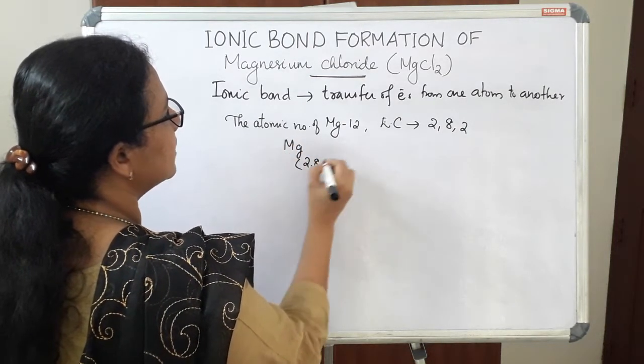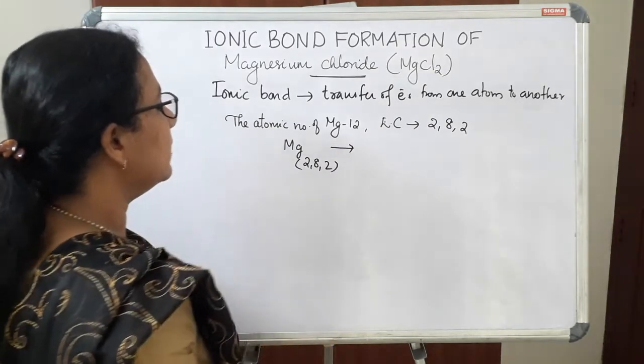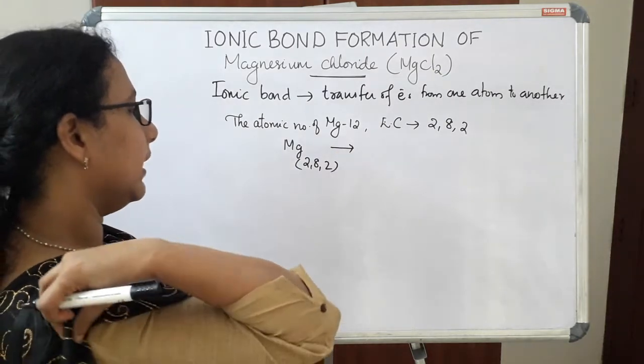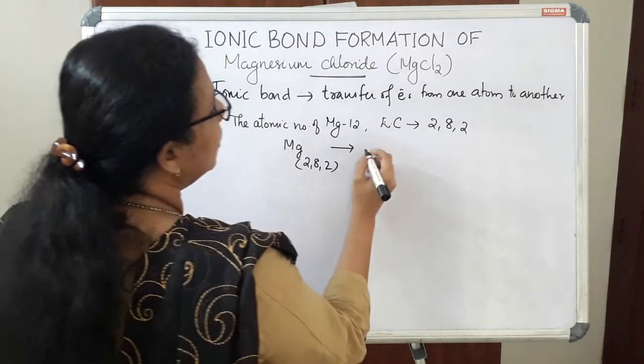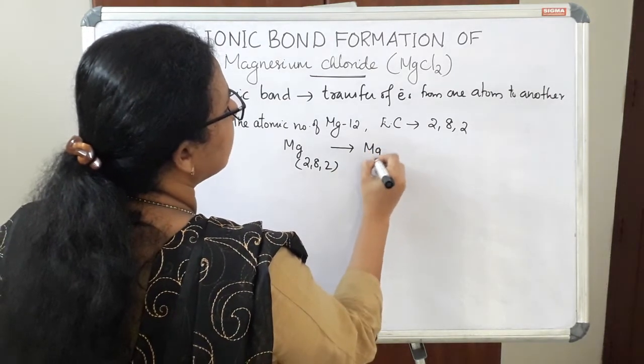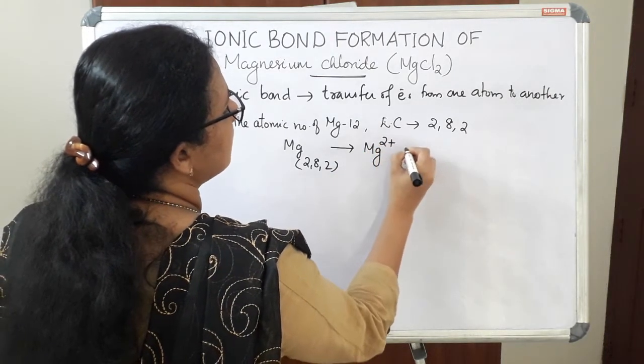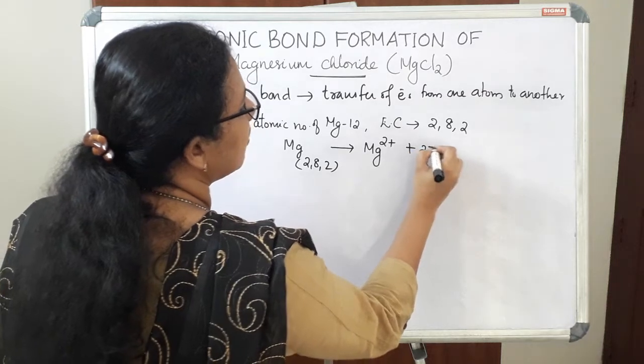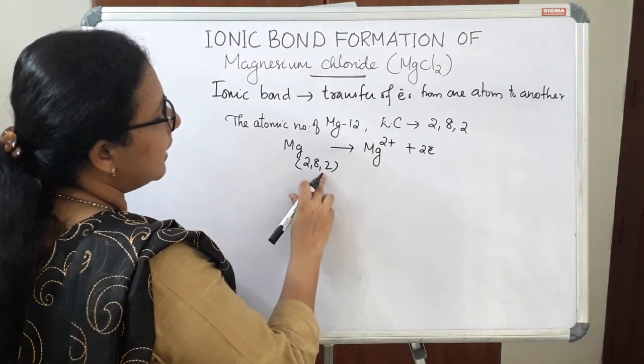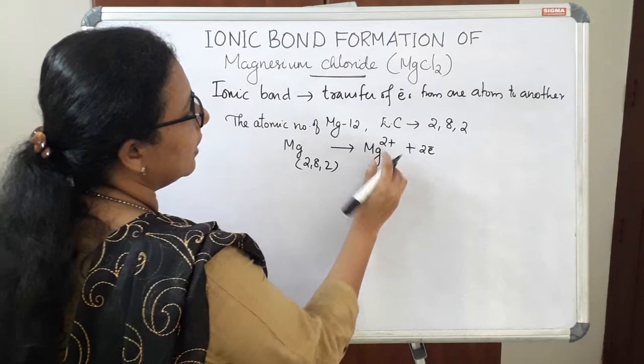In order to attain a stable configuration, magnesium loses 2 electrons and attains a 2 positive charge. This atom has 2, 8, 2 configuration.